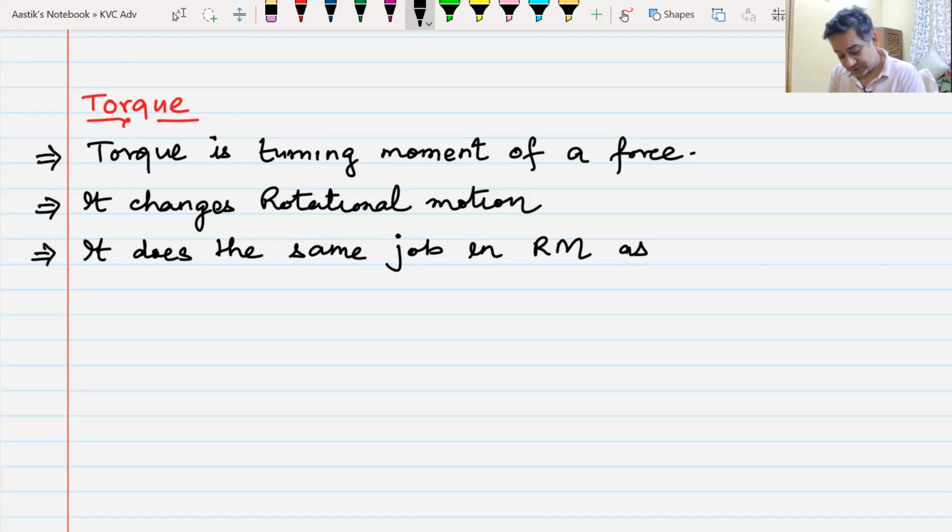In linear motion, we have velocity. In rotational, we have angular velocity. In linear motion, we have acceleration. In rotational motion, we have angular acceleration. In linear motion, we have mass. In rotational motion, we have moment of inertia. In rotational motion, we have torque. What is the counterpart in linear motion? No one knows this?